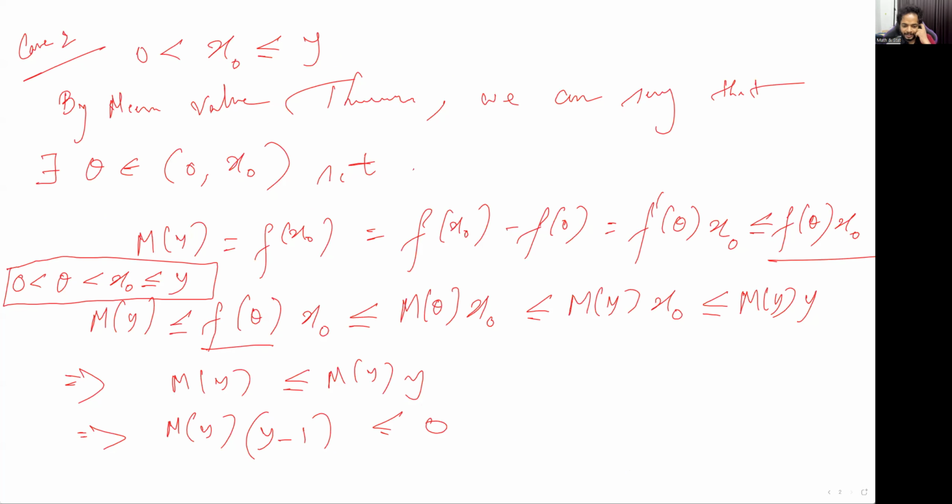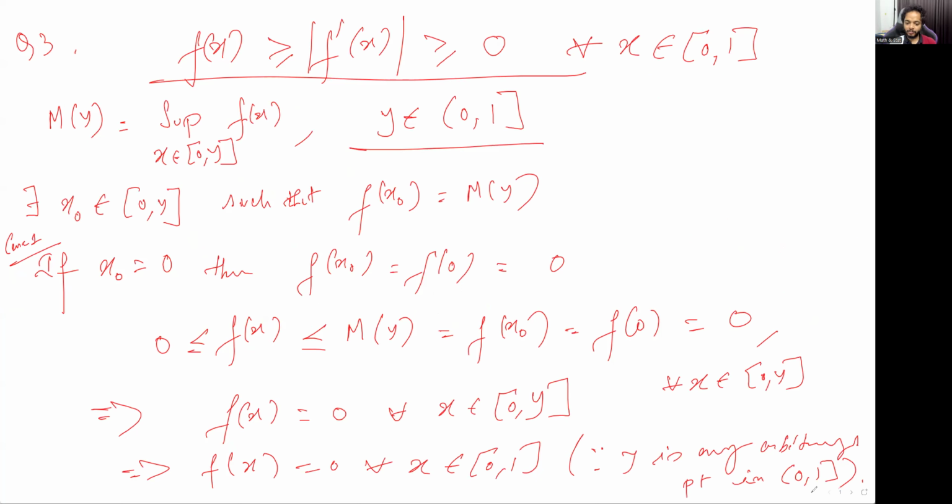So what we will do is use the continuity property to extend the function to 1. Since I'm taking y to be strictly greater than 0 and less than or equal to 1, I'll still leave 1 as well.